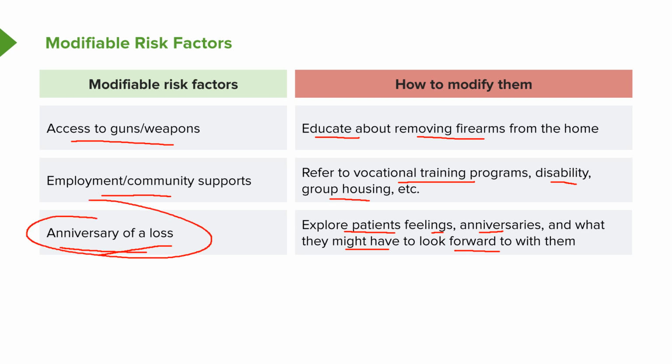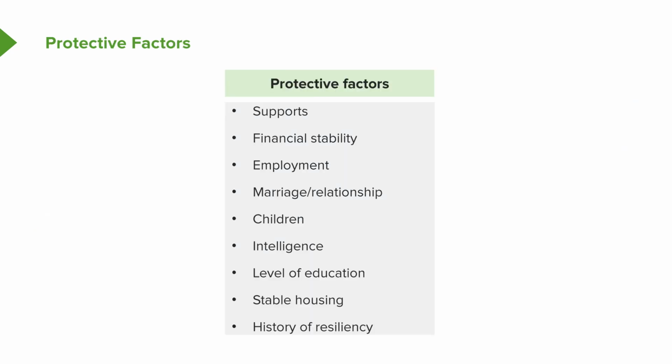For example, people have experienced disasters like Yolanda, or the tragic loss of someone. You can help them by making sure they have an outlet to talk about their grief, and they can look forward to meeting with someone who might understand, whether it's one-on-one or a peer support group. So protective factors are also important for patients, no?